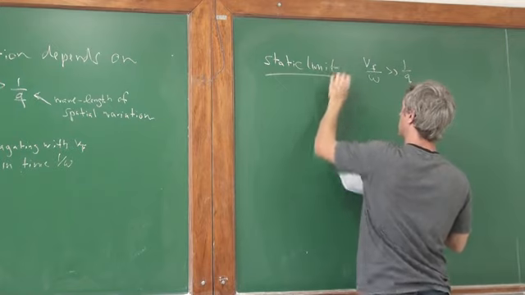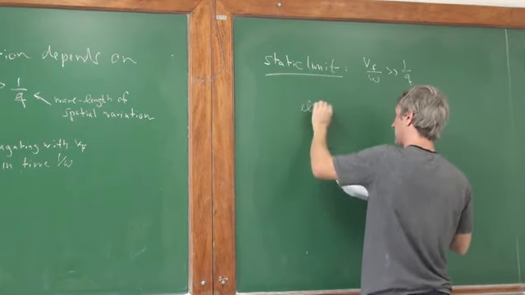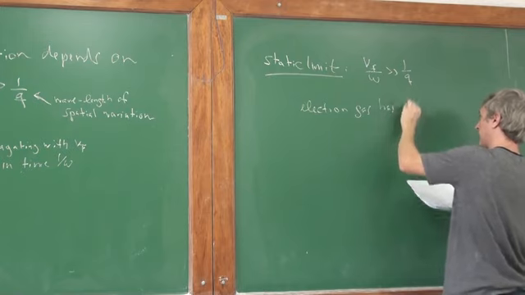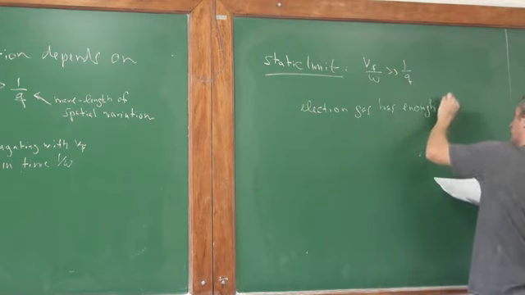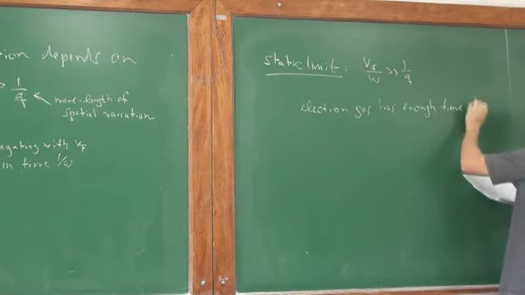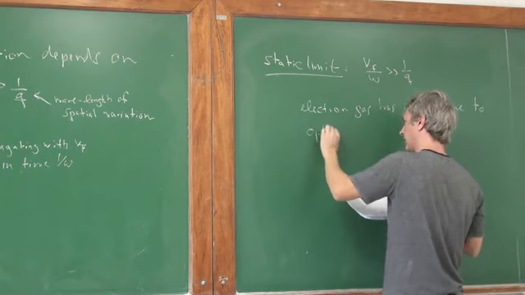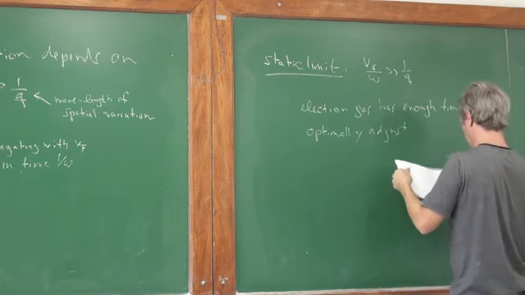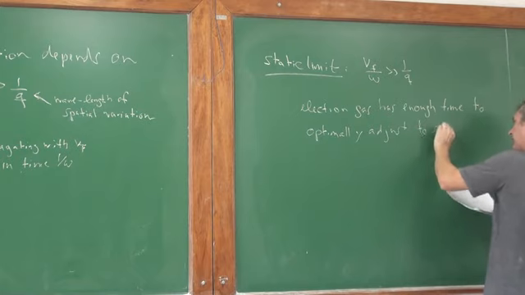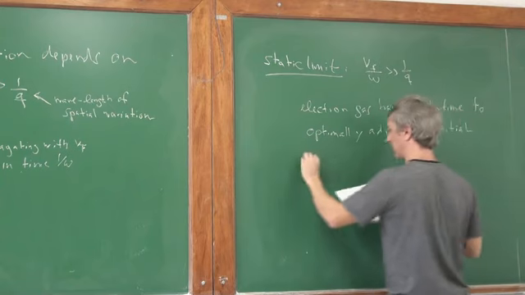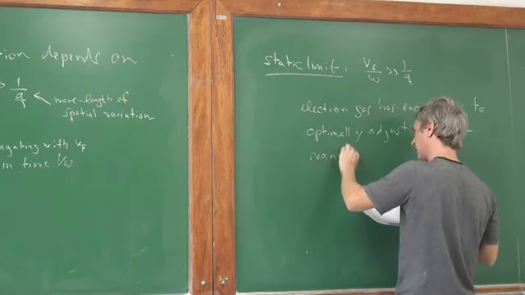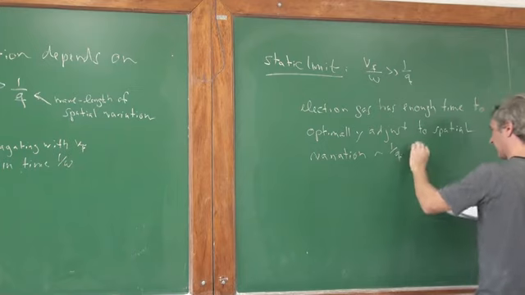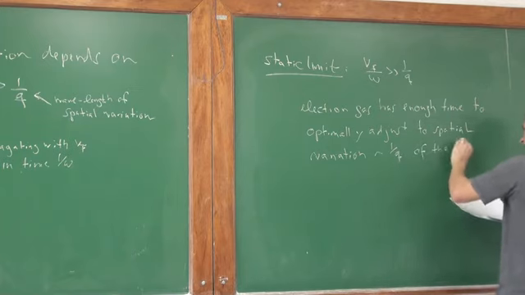So in this limit, the electron gas has always enough time to adjust to spatial variations on the scale 1 over Q of the potential.